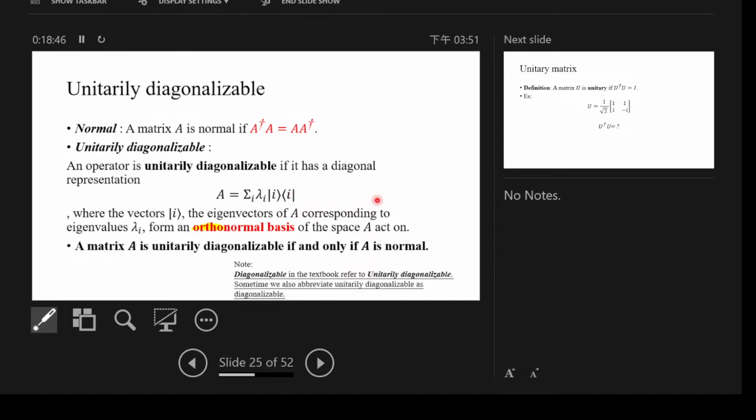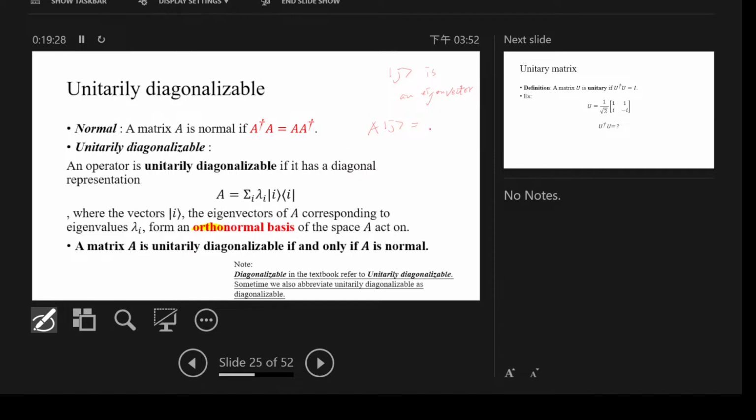Let's do a bit of an example showing why this notation makes sense. This notation is a bit too simple, but anyway, say we have another eigenvector, ket j, and we want A times ket j to equal lambda j times ket j.